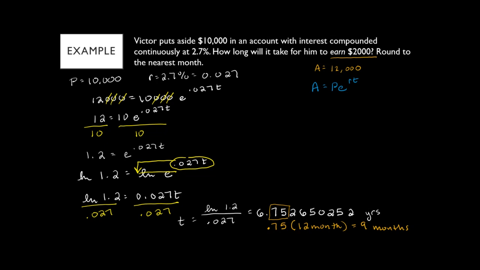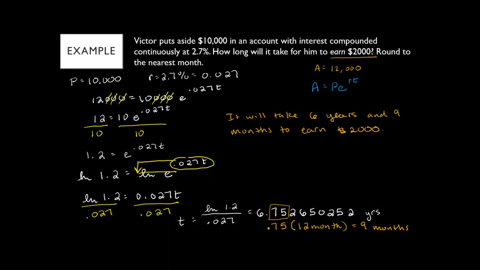So our answer here is that it will take 6 years, because that's the whole number part, and 9 months to earn $2,000. So when you have a problem like this, it says round to the nearest month.